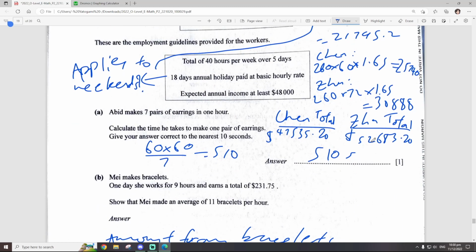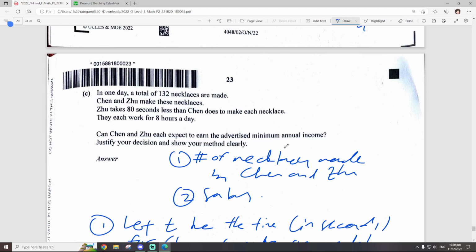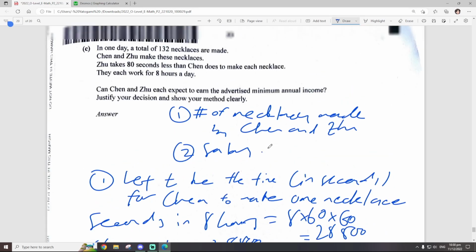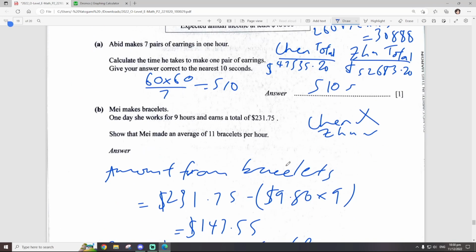So the conclusion is that Chen cannot expect to earn the advertised minimum income, and Su can. So therefore the answer is Chen yes, Chen no, and Su yes. So this is one interpretation of the question.